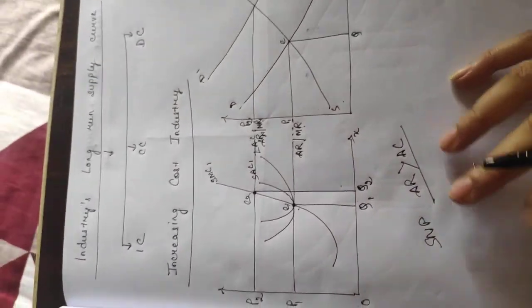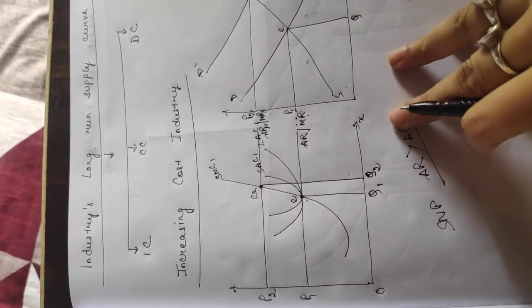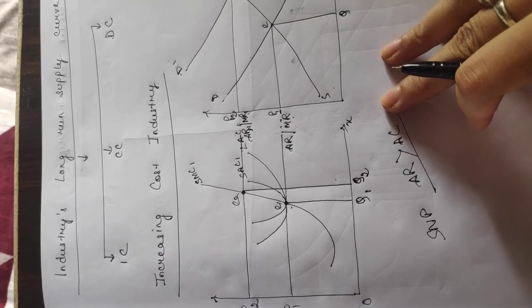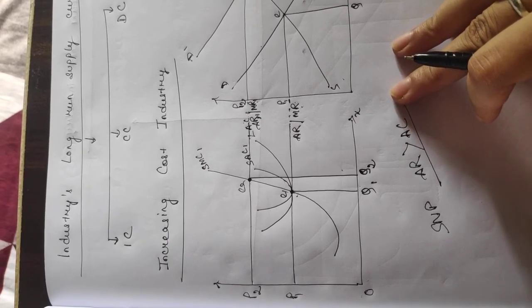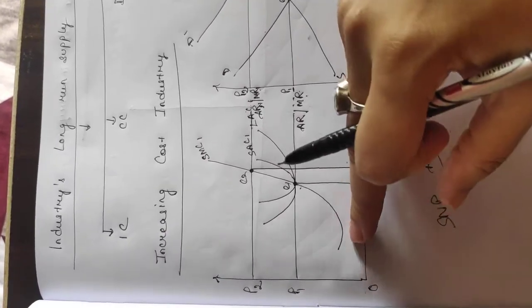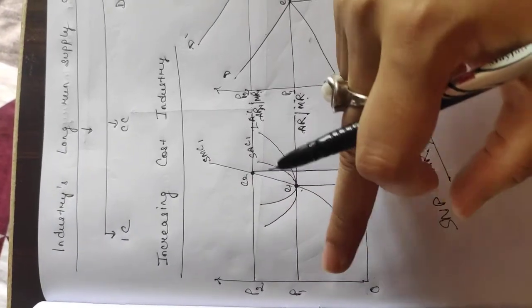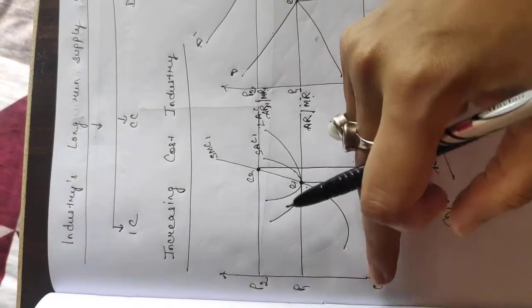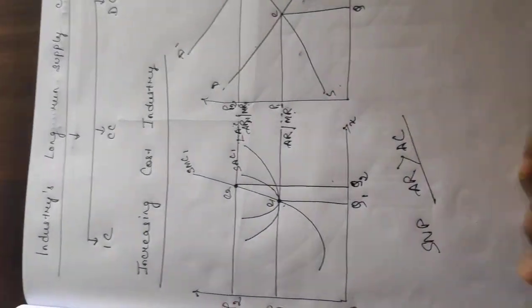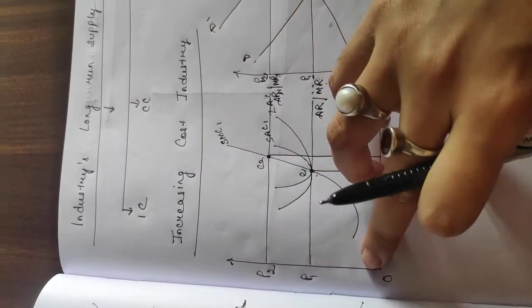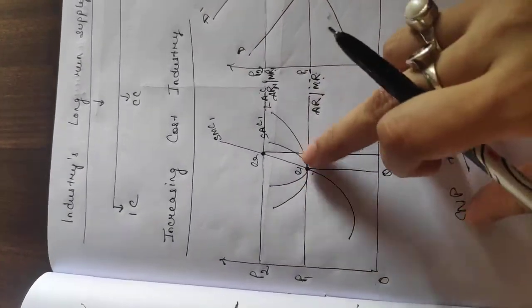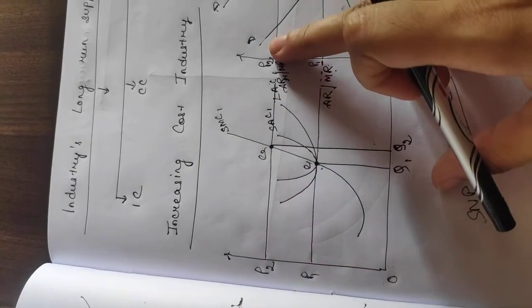Now the other firms, we know that one assumption of perfect competition is that there are no restrictions on the entry and exit of firms. So if the price of the product increases from OP1 to OP2, then with the increase in the price your revenue will change, and we have seen that our cost is less and our revenue is more.